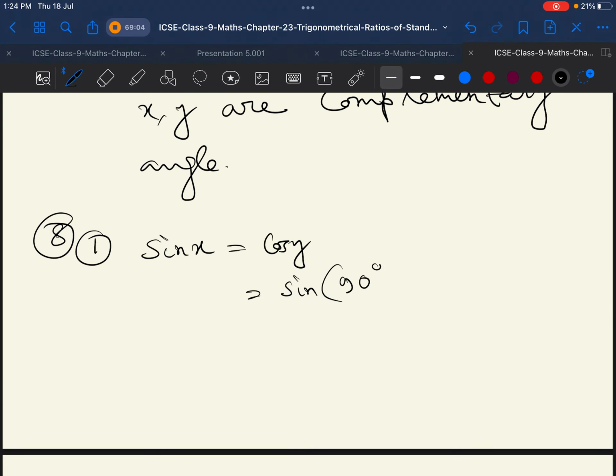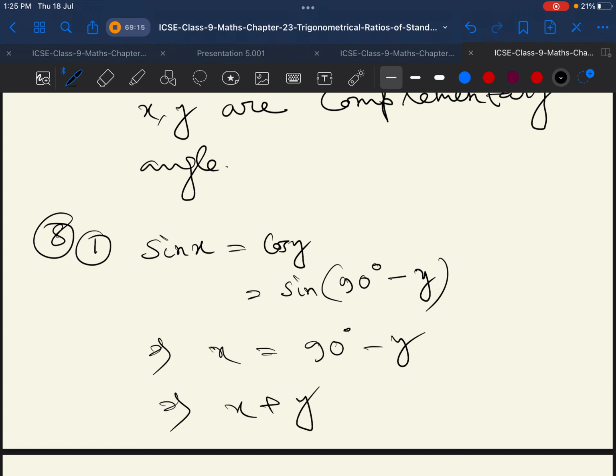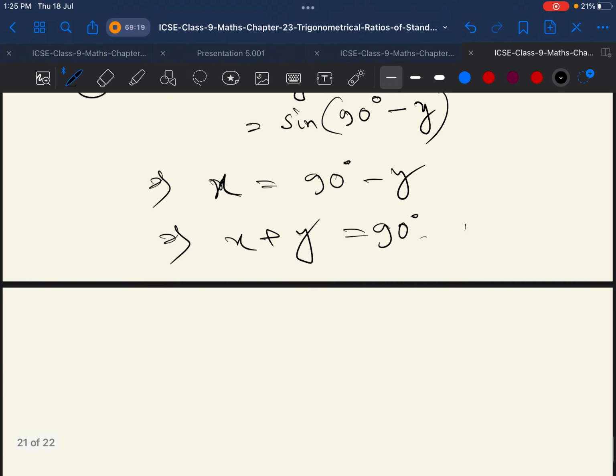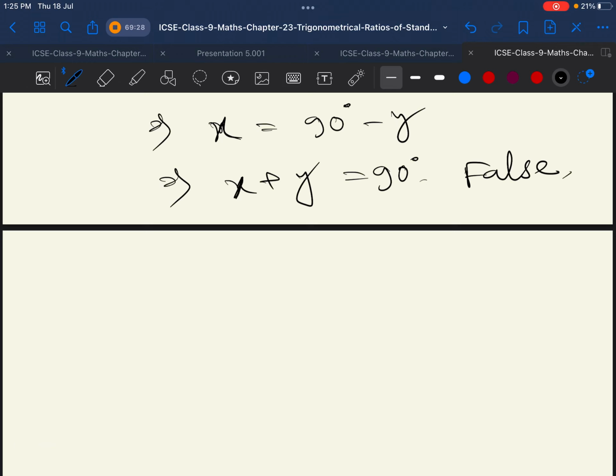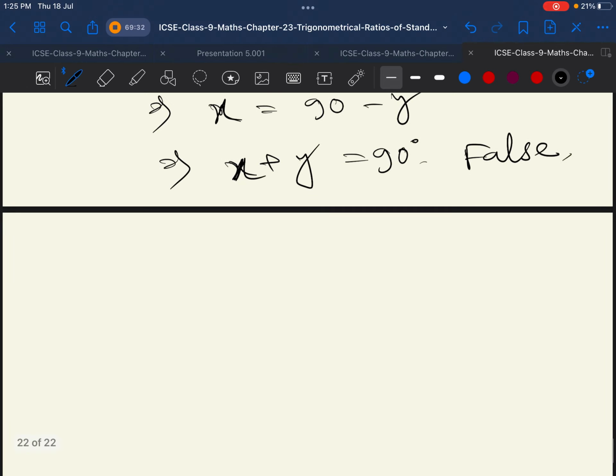We can write cos y as sin of 90 minus y, so sin cancels, then x equals 90 minus y, so x plus y equals 90, so it's false. X plus y equals 45 degrees is never possible, always x plus y equals 90 degrees if sin x equals cos y.